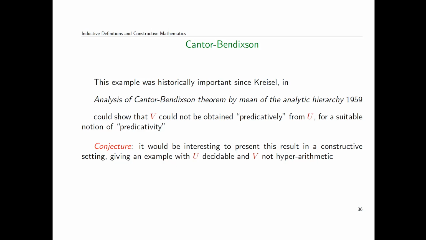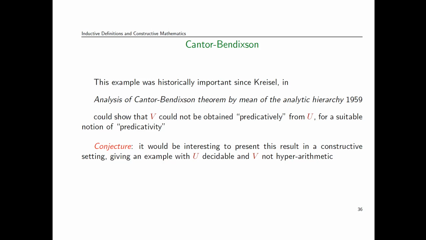So I've not yet understood his notion in a classical way. All his papers are done in a classical meta theory, but I have this conjecture of what it should be in a constructive way. And I think constructive, predicative will mean that it can be represented by a hyperarithmetic proposition.